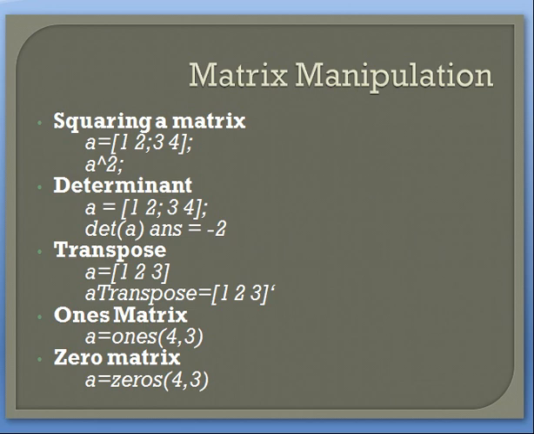If you want to square a matrix, you simply give a small command, that is A to the power 2, and you will get the answer. For the determinant you just have to write det of the matrix and the answer will be there. Similarly, for the transpose, ones matrix and zeros matrix, we can get the answers.